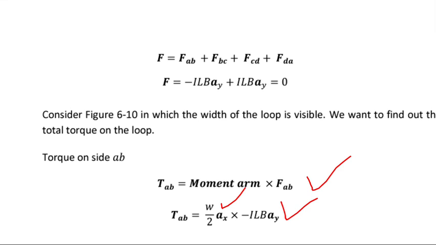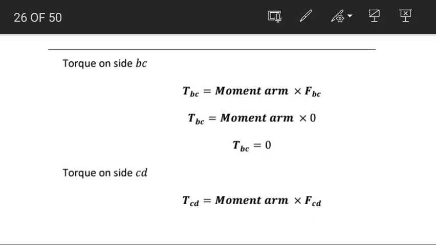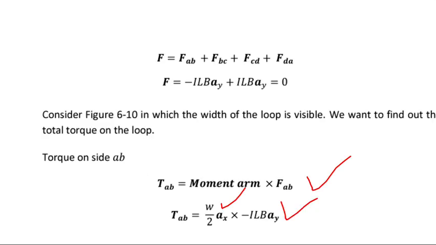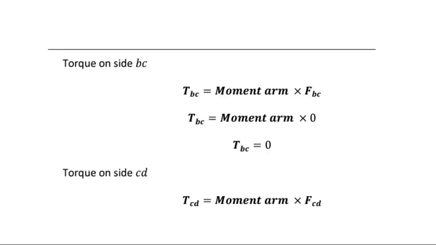If we simplify this equation, we will get minus 1 by 2 ILBW aZ.